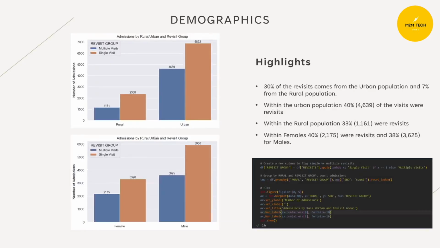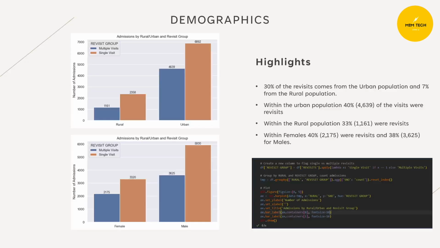Also, exploring a little bit more about the admissions between rural and urban areas, we can see that pretty much 30% of the revisits come from the urban population, which makes sense because a lot more of the patients came from urban areas, and 7% of the revisits come from the rural population.